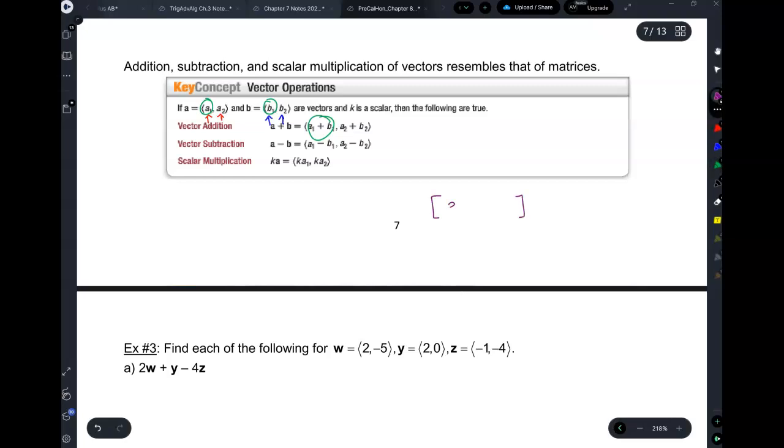And so guess what? If I have a row matrix, isn't that the same thing as the component form of a vector? It totally is. In fact, when you go to college and take linear algebra, you will see that matrices are just a series of vectors: vector 1, vector 2, vector 3.